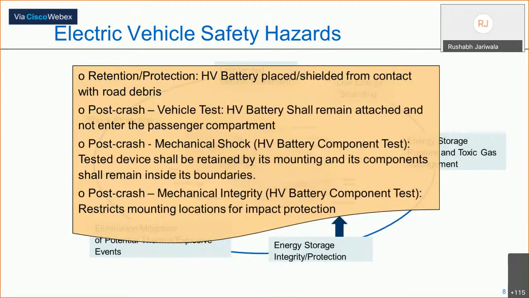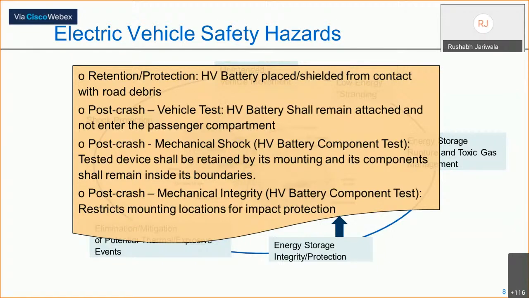Retention and HV battery placement shielded from contact with the road. This is another important thing: it should be placed in such a way that it is not hit by objects on the road while the vehicle is moving under normal conditions. Then post crash, the HV battery shall remain attached and not enter the passenger compartment.